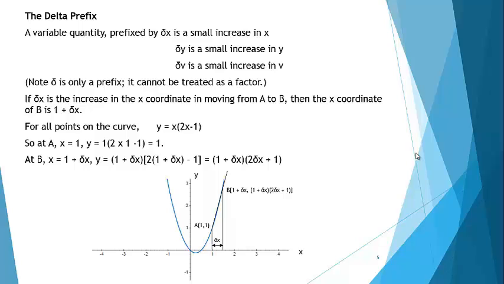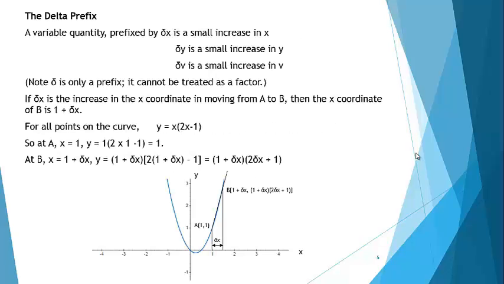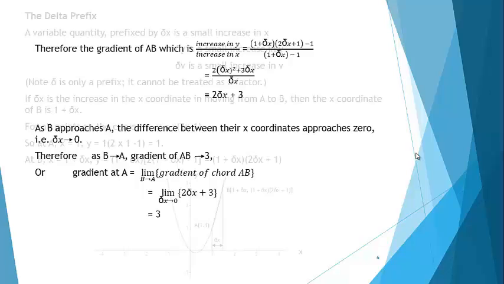If you look at the graph of y equals x bracket 2x take away 1, A and B are marked on the graph, and the gradient of the chord AB is what we need to find out. The gradient of chord AB is the increase in y over the increase in x. To find the increase in y, we take away the y coordinate of A from the y coordinate of B, which is 1 plus delta x bracket 2 delta x plus 1 take away 1.